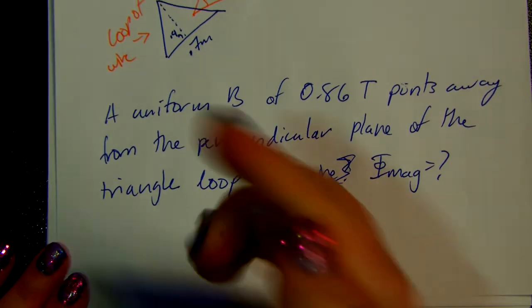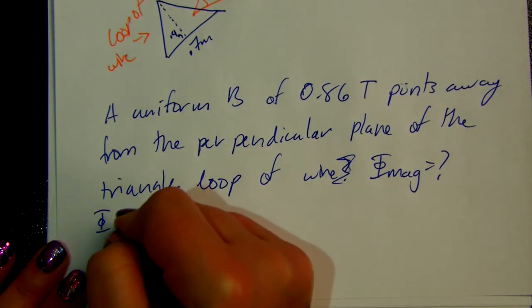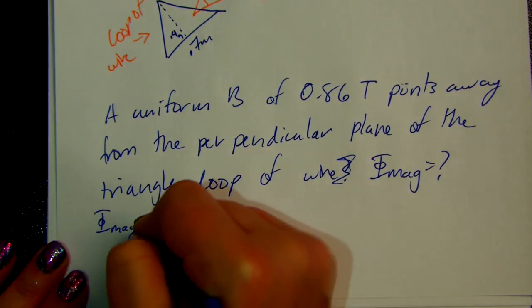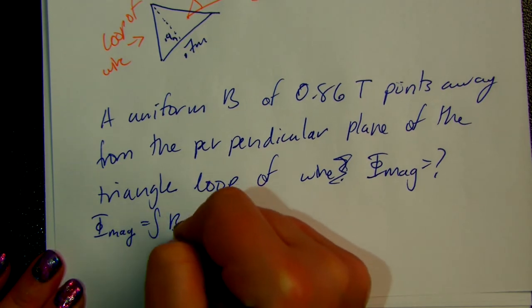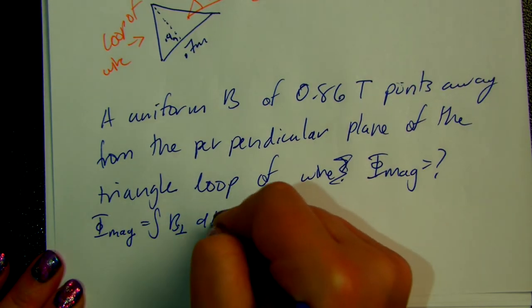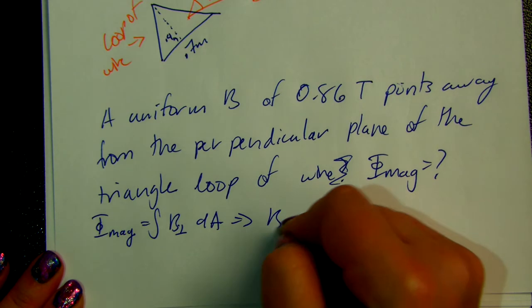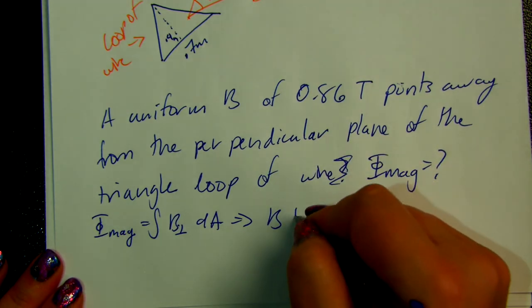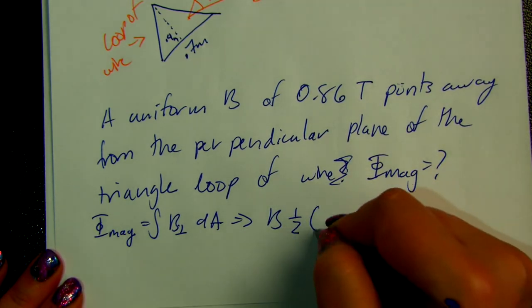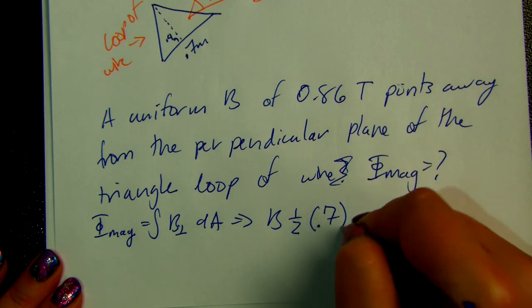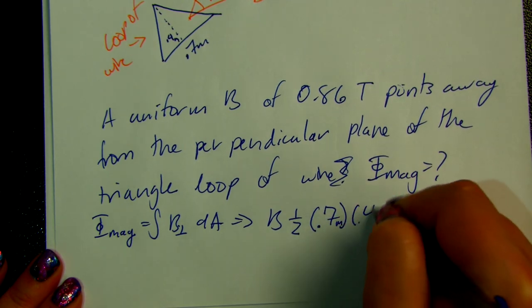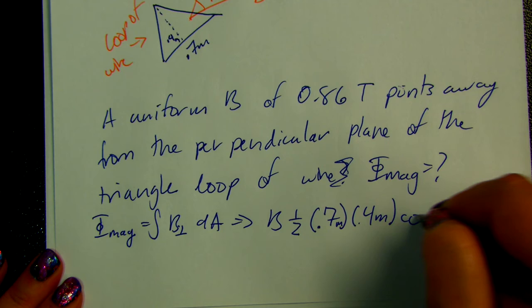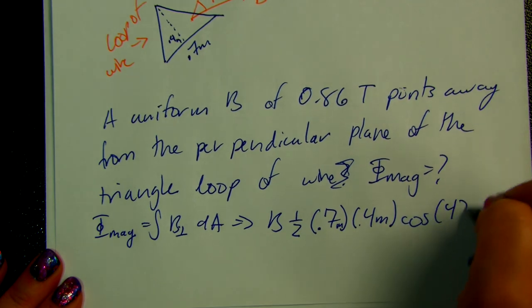So the magnetic flux is equal to B perpendicular dA, which is B times 1/2, so remember it's 1/2 base times height, 0.7 meters times 0.4 meters times cosine of 42 degrees.